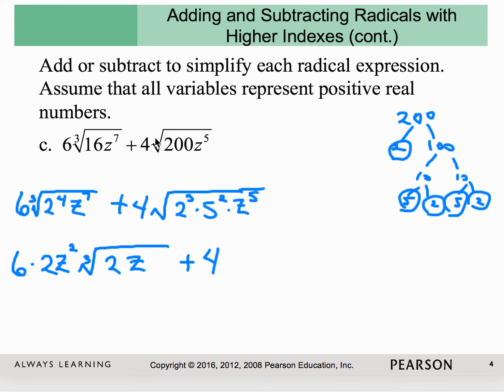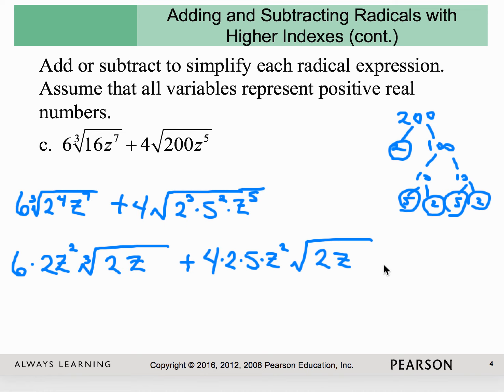Okay, this is a 2 now, so 2 goes into 3 one time with 1 left over. 2 goes into 2 one time with nothing left over. 2 goes into 5. I'm going to make that a little bit tighter. 2 times 5. Two goes into 5 2 times with 1 left over.